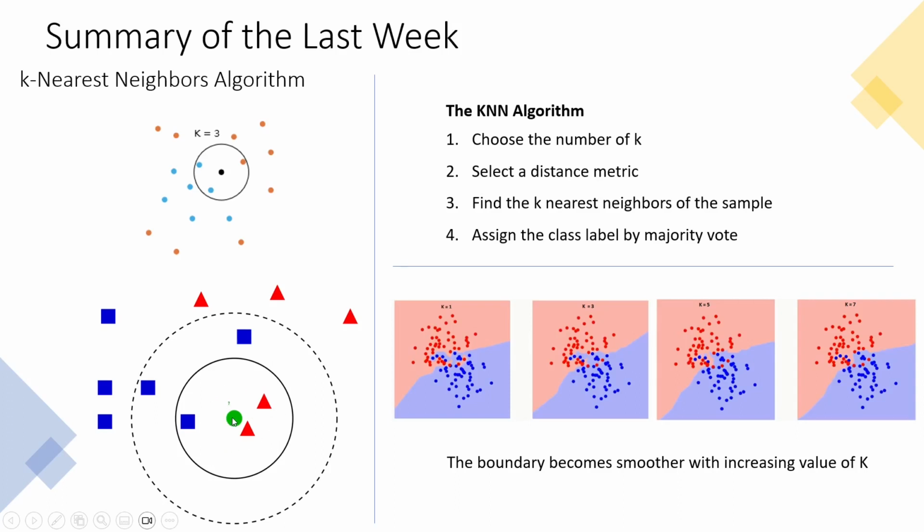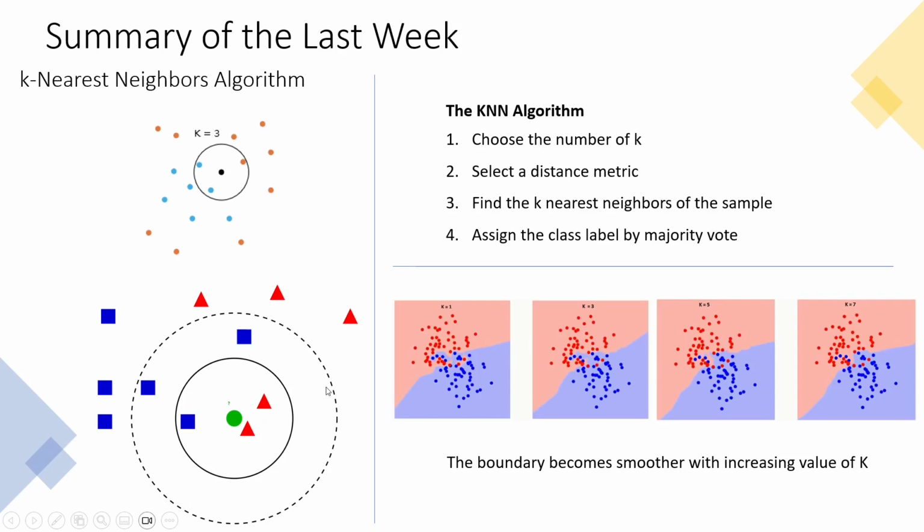But if we choose k as 5, then the first 5 neighbors will be these 3 blue rectangles and these 2 triangles. Therefore, if we choose k as 5, we need to assign rectangle to our newly coming element. But if we choose k as 3, then we should assign triangle.